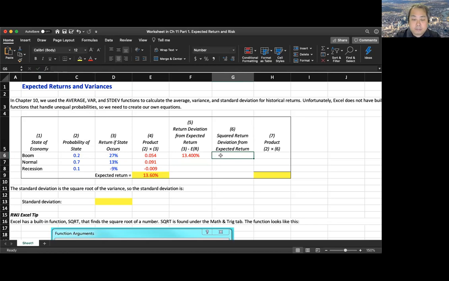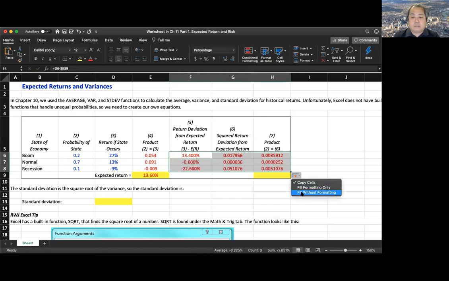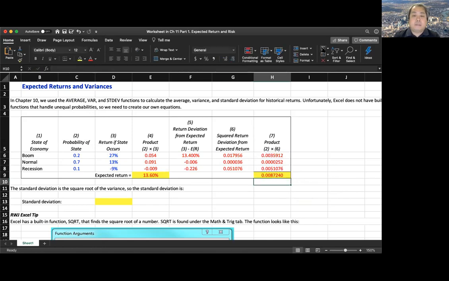Square them, column 6, and times probability, and add them up.